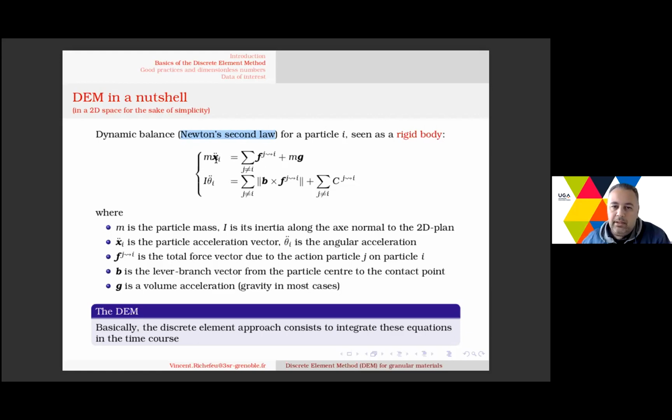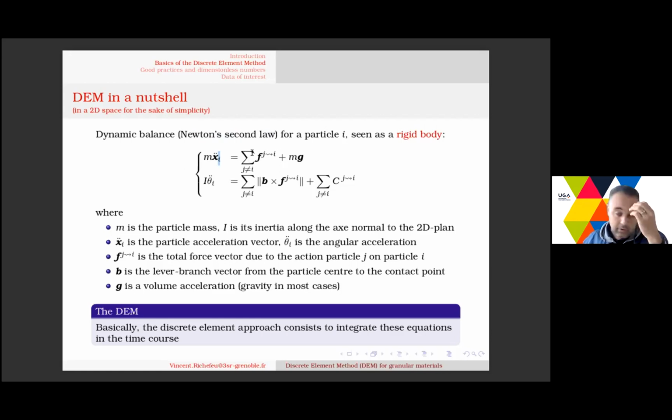And this is for particle i. So mass times acceleration of particle i is equal to the sum of the forces that act on that particle, which is due to the surrounding particles, j, that act on it.